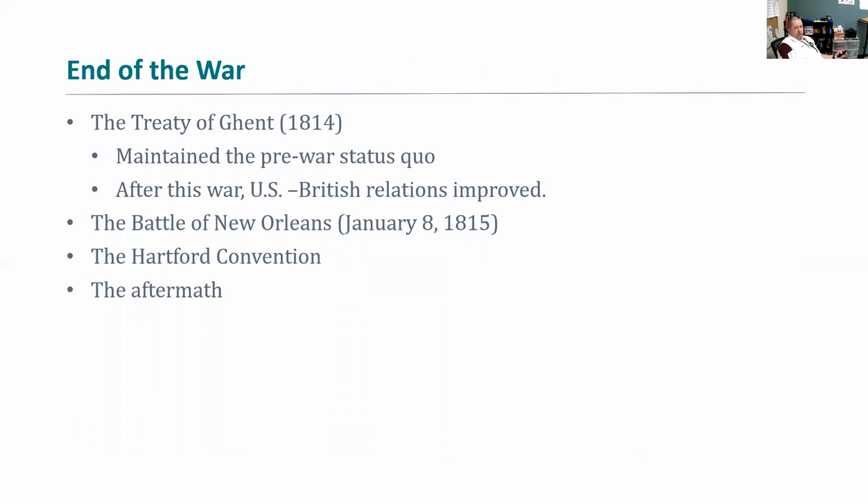Basically, the Treaty of Ghent just maintains the pre-war status. So everything sort of reverts back to where it was. It's maybe a little bit more of a British victory than the first war, the American Revolution. And so after this, British and American relations are going to improve.